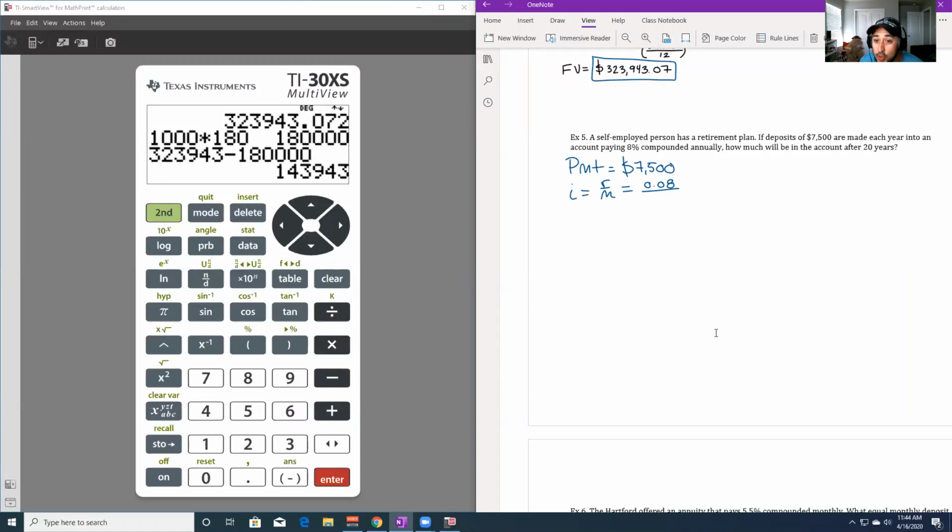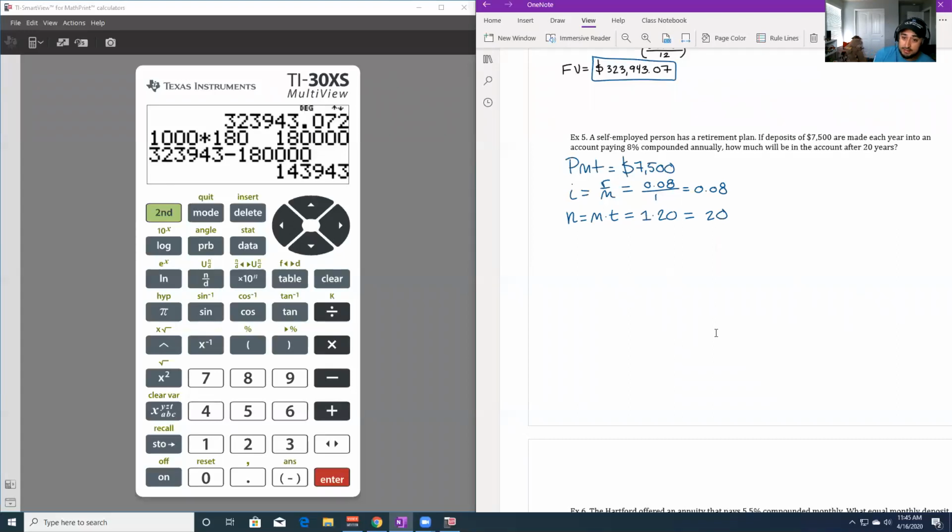Well, how many years are in 1 year? That's 1. So this just becomes 0.08. Okay. And then they are giving us N. N is compoundings times time. And we are compounding annually for 20 years. So 1 times 20, we get 20.